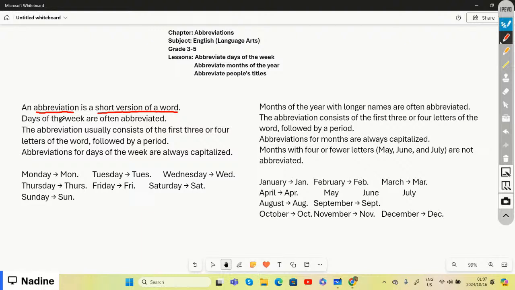All right. So we said when it comes to abbreviations, an abbreviation is a short version of a word. It's almost like you have a word, and then they give you the shorter version of that specific word. And that is an abbreviation.